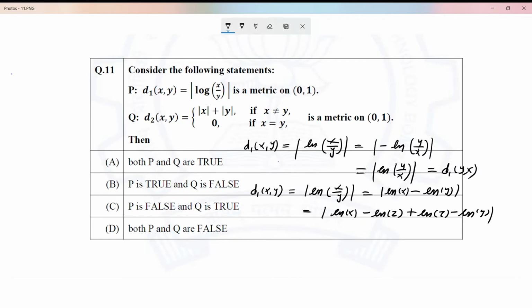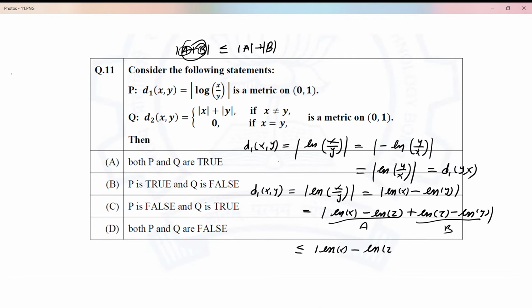Now we know that modulus of a plus b is less than or equal to modulus a plus modulus b for any a and b belonging to the real numbers. Now we are taking ln x minus ln z as a and ln z minus ln y as b, so we get less than or equal to modulus of ln x minus ln z plus modulus of ln z minus ln y.